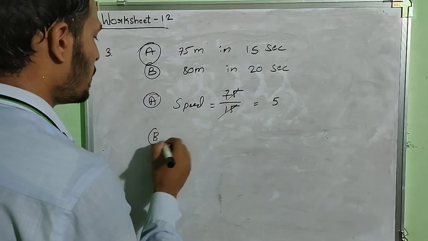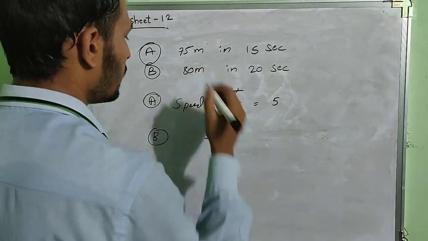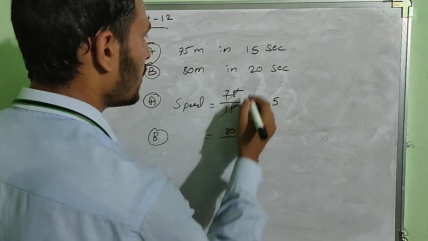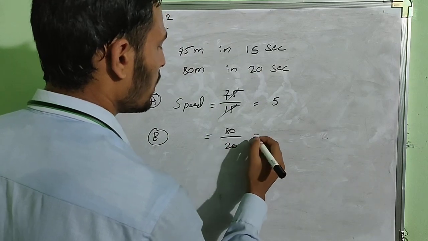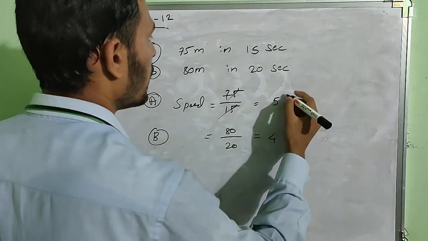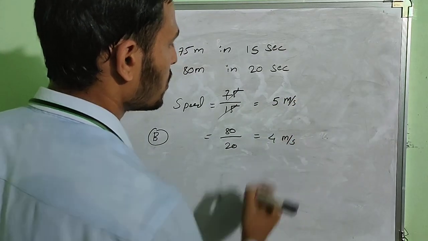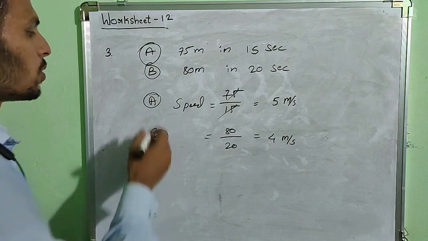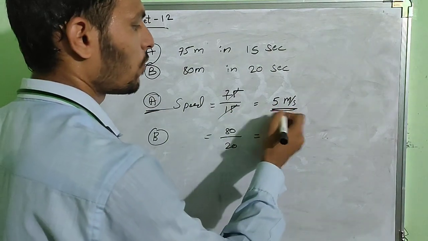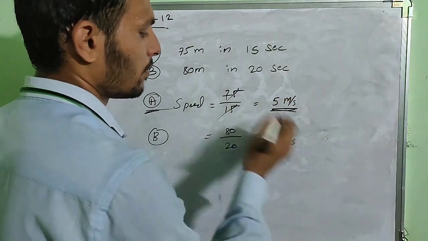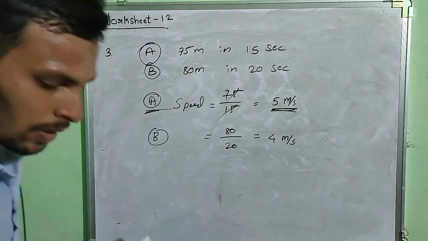Similarly for student B, the distance is 80 and the time is 20, so it is 4. Here the units are meter per second. So who is traveling faster? Student A is traveling faster, at 5 meter per second.